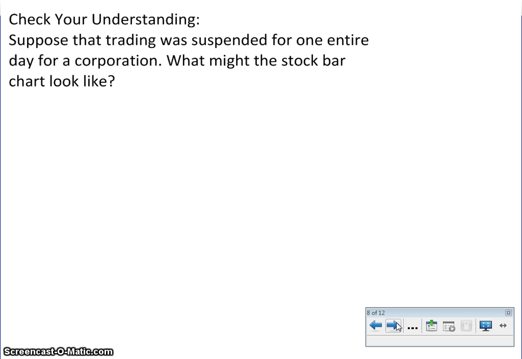Again, with this check your understanding, we're going to just talk about it together. It says, suppose that trading was suspended for one entire day in the corporation. What might the stock bar chart look like?